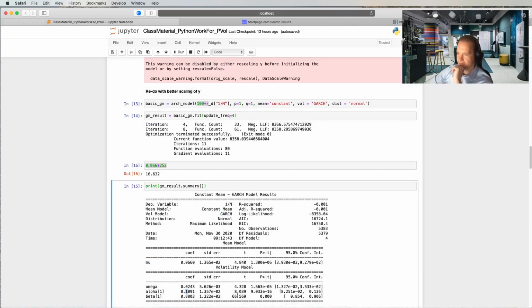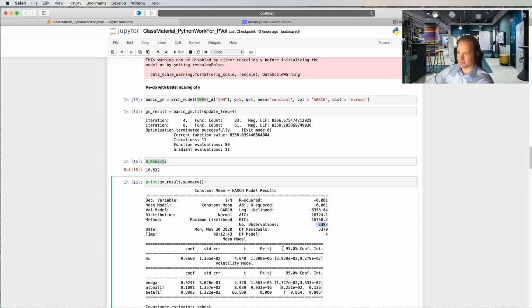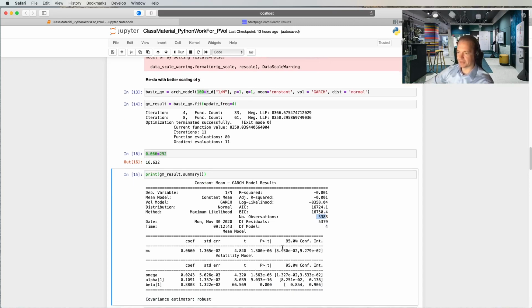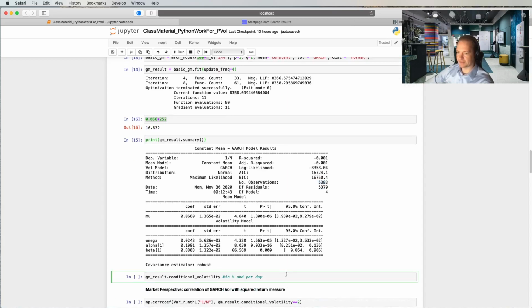What about significance? The t-stat is 8 for alpha, the beta is 66, and the omega has a t-stat of 4. These are asymptotic standard errors; we have 5,000 observations, so that's asymptotic. Okay, so it looks fine.